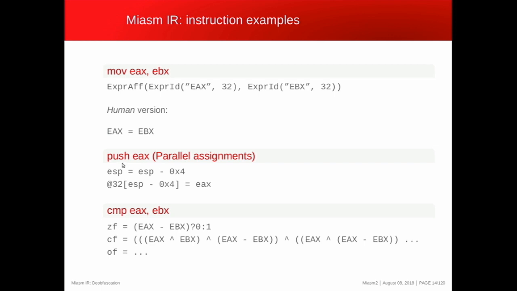Here you have two equations that are done in parallel: the update of the stack pointer and the storage of EAX at the top of the stack. In fact, this ESP here has nothing to do with this ESP here. This one is the source of the assignment. And there is much more complicated stuff, for example, the comparison between two registers.